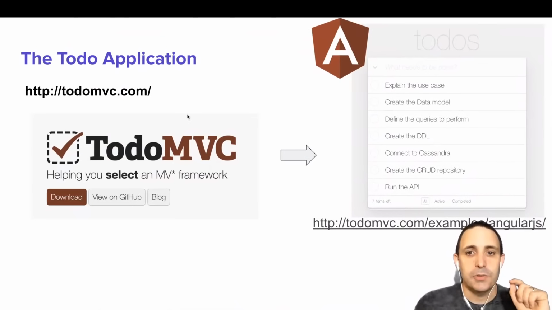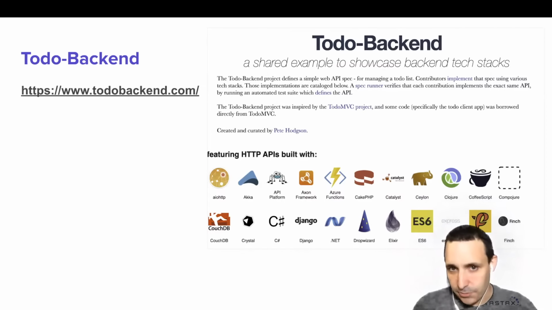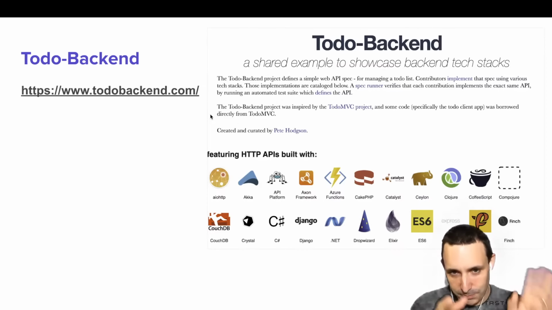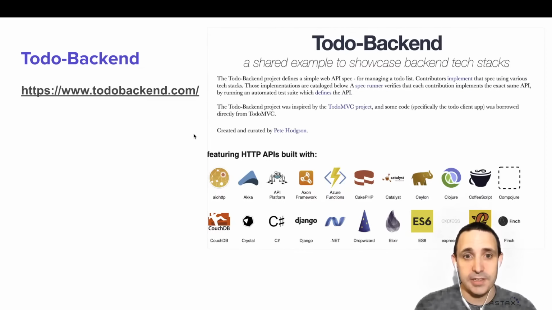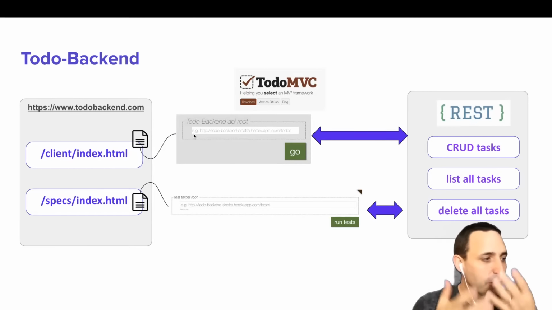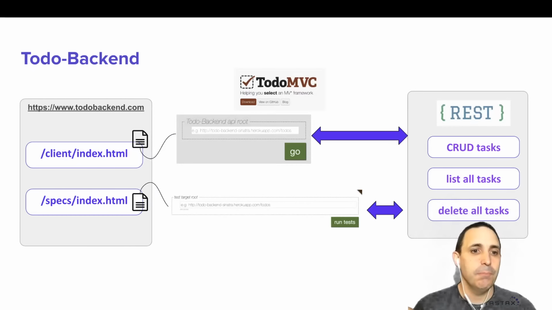Let me go back to the slides. Okay, ToDoBackend. Here you do have the link. I don't know why the link disappeared in the README, but never mind. You are probably already on ToDoBackend.com playing, trying to figure out what it is. In ToDoBackend.com, you have a client ready for you, and there is a spec runner.